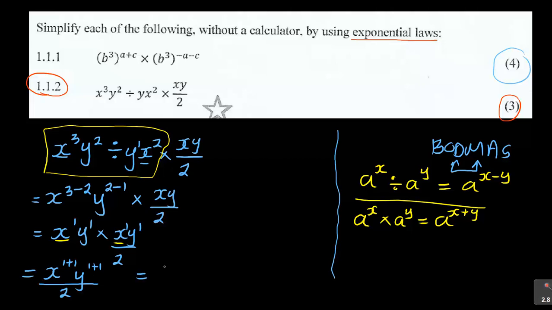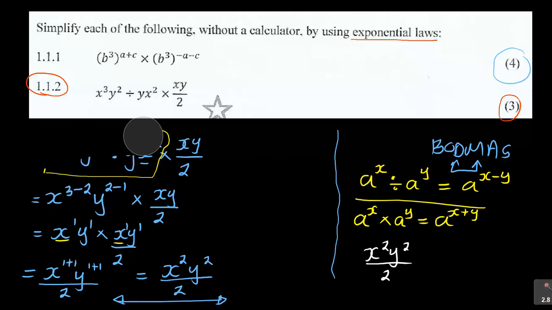Then if I simplify, it will be x to the power of 2, y to the power of 2 over 2. So this is what I'm having in this case. Let me write my answer there, just to keep it for now, to see if another method was going to give me a similar answer. So this is what I'm having, x squared y squared over 2.